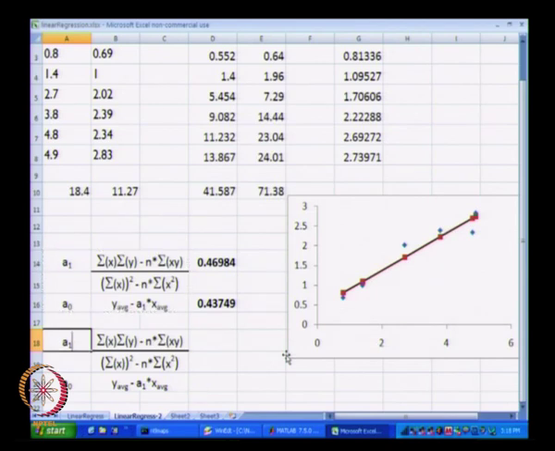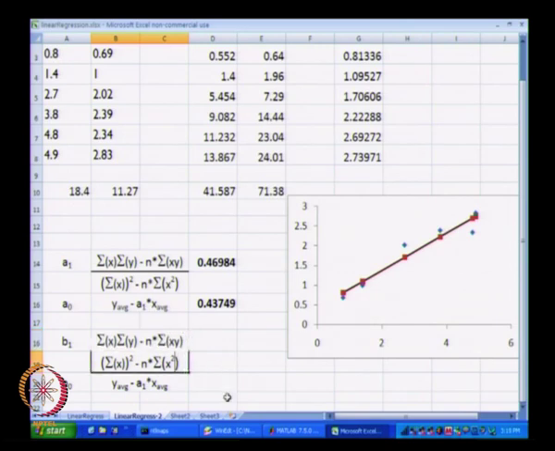The only difference is wherever we have x, that will be replaced by y, wherever we had y, that will be replaced by x. So the numerator is going to be summation of x multiplied by summation of y minus n times summation of x multiplied by y. If you replace x with y and y with x, you are going to get the same expression.